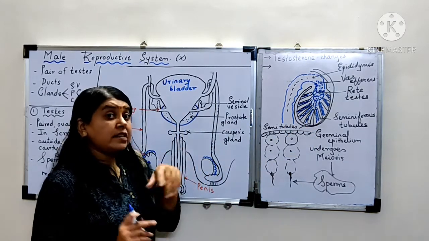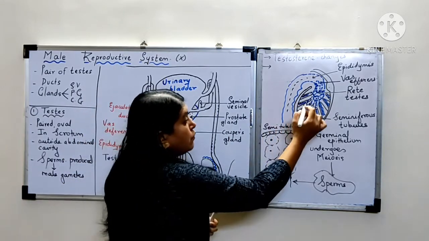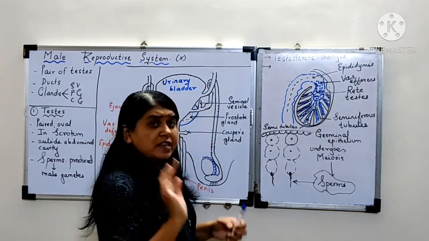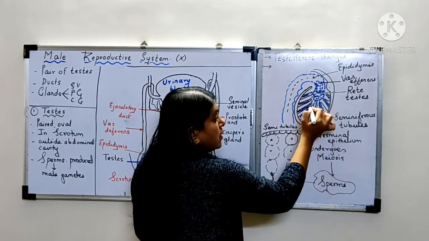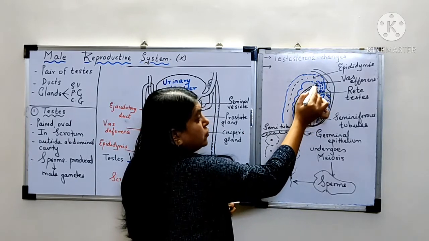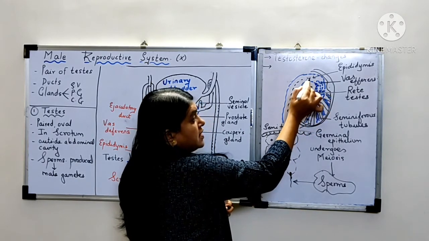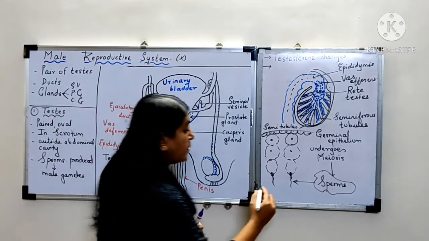Now let us see the path of the sperm. See, path of the sperms is very simple. From the seminiferous tubules, the sperms are going to first pass through the rete testis. From the rete testis to vas efferens, from vas efferens to epididymis. So let us see the path up till here.